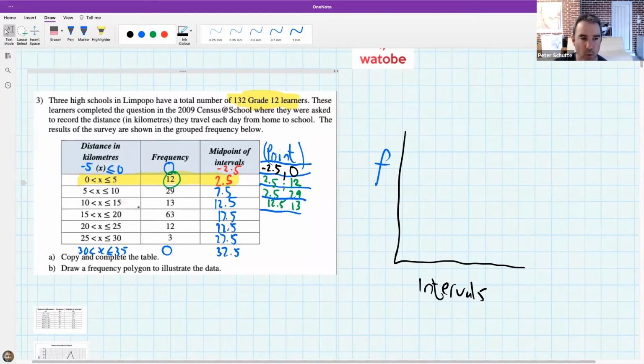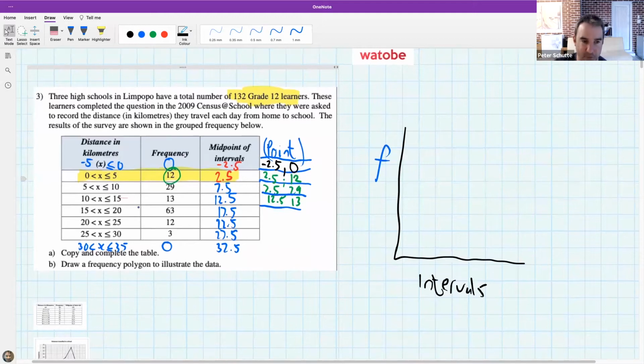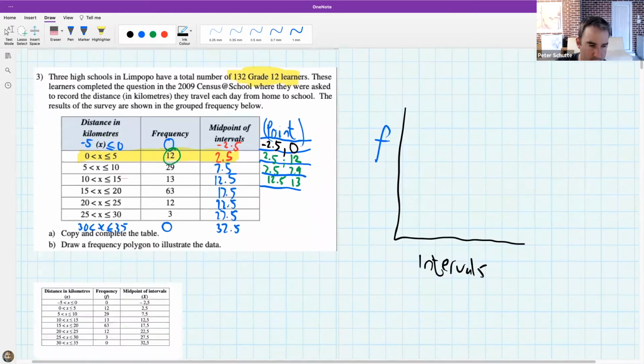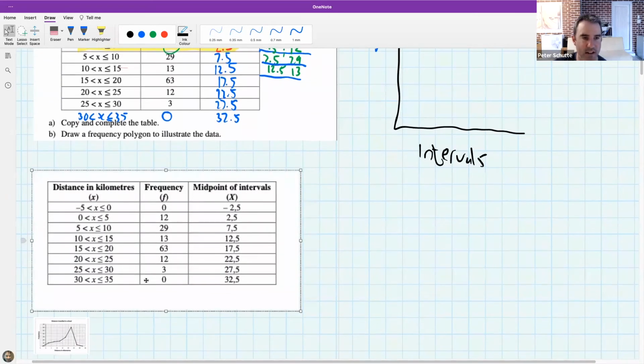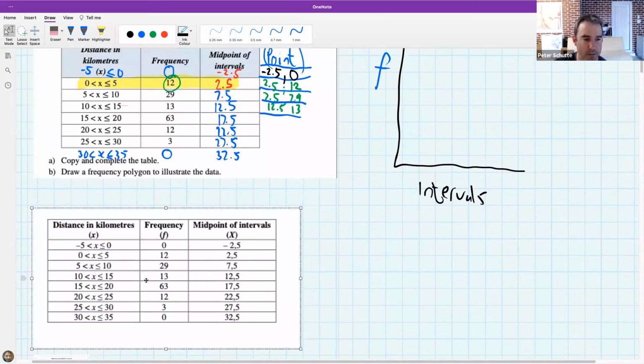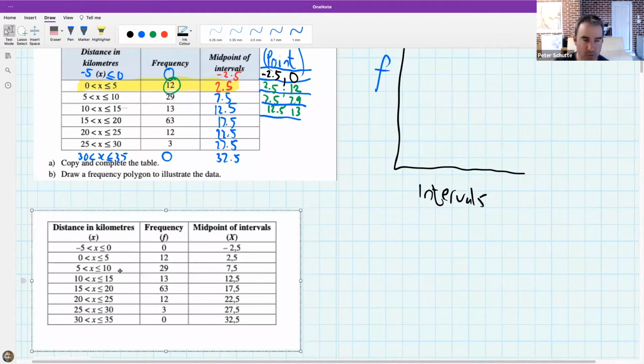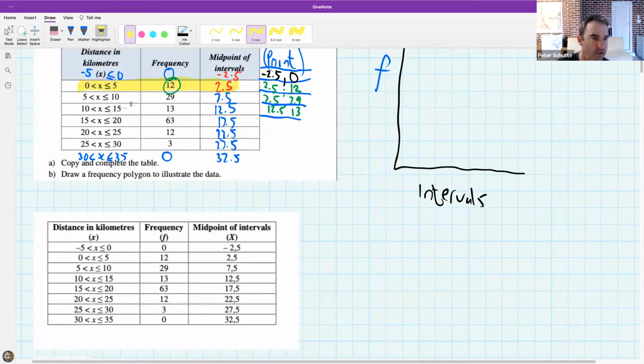And when you're figuring out a frequency polygon, you always go to the middle. So that would be the perfect table. You're simply adding an extra interval at the beginning and the end in order to bring your frequency polygon back down to the ground.